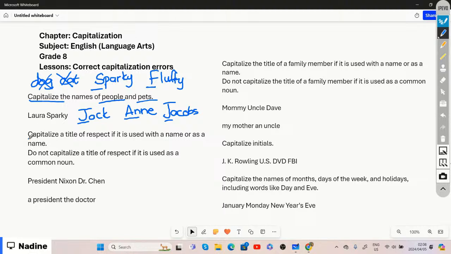Then we also capitalize a title of respect, and that is if it is used with a name or as a name. We do not capitalize a title of respect if it is used as a common noun. So if I'm saying that I am going to the doctor, then doctor is not capitalized.